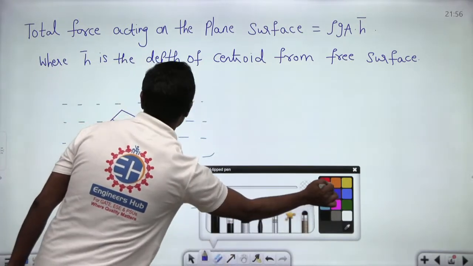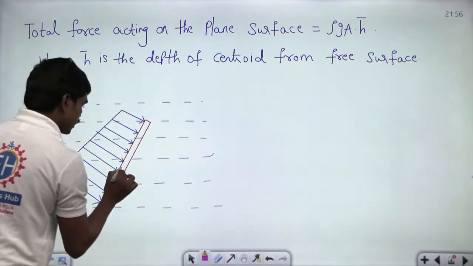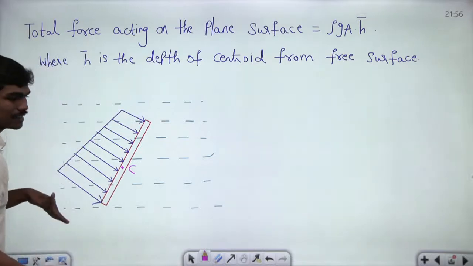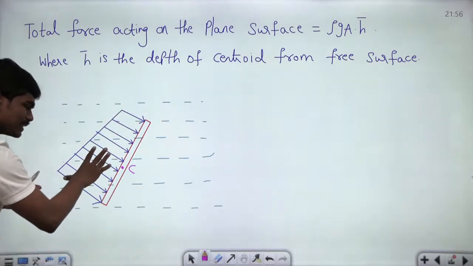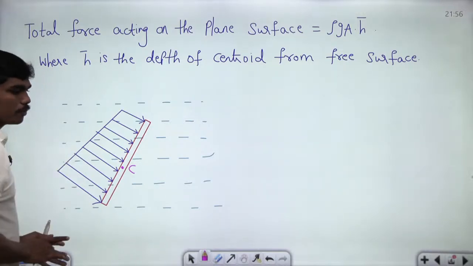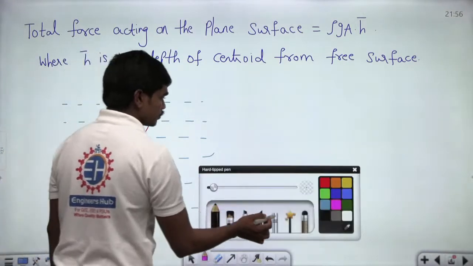Look, this is the location of your centroid, let us suppose, and this is a system of parallel forces, correct? So whenever there is a system of parallel forces, you can reduce this complete system of parallel forces to a single point, correct? Look here.